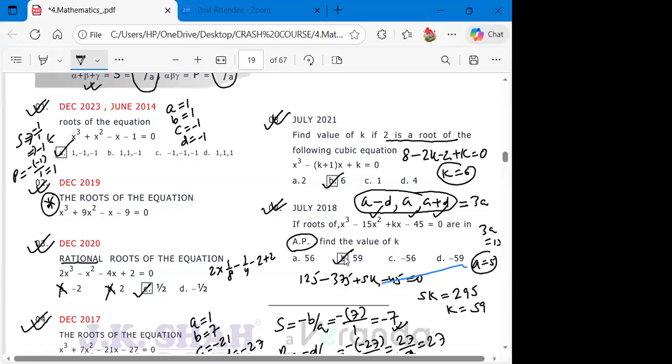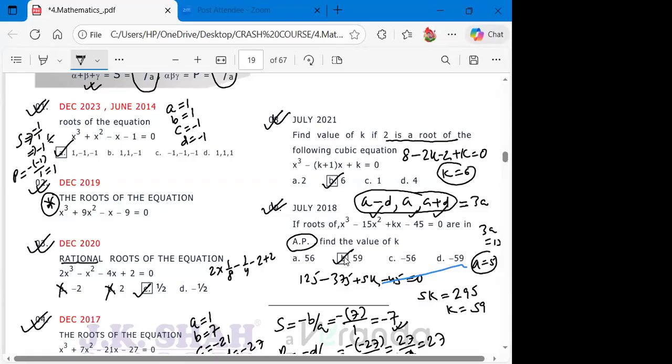Since the roots are in AP, therefore let us assume three roots are A minus D, comma A, and A plus D. Correct?